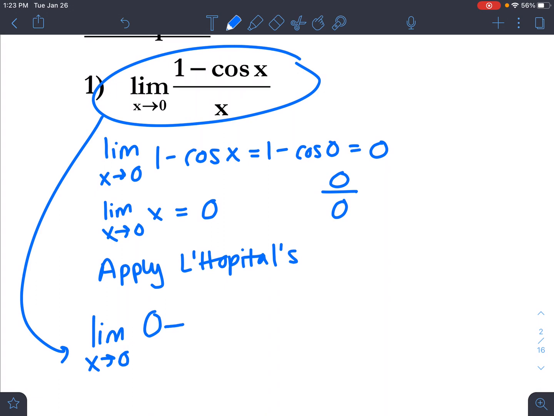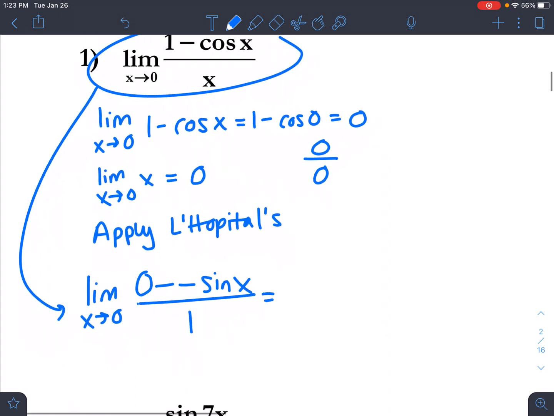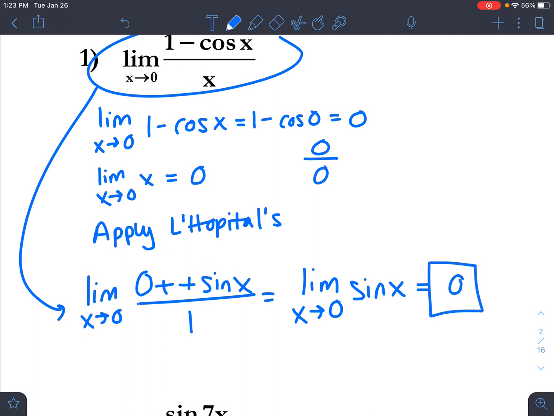And then I have minus the derivative of cosine, which is negative sine of x, divided by the derivative of the denominator, which is 1. So all of this boils down to the limit as x approaches 0 of sine of x. What happens? Well, if we plug in 0, sine of 0 is 0. So this limit is equal to 0. Using L'Hopital's rule was a way that we could actually calculate that.